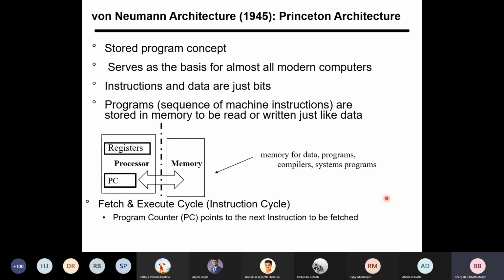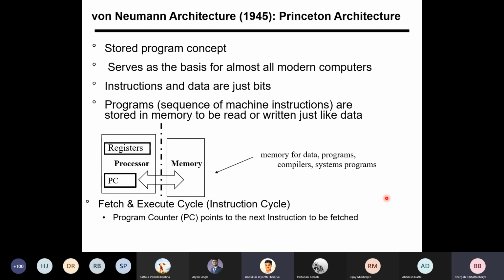And that simplifies the execution of the next instruction. Because I know that once this instruction is finished, the next instruction stays in the consecutive location in memory, which is 4 bytes apart from the first one. So therefore, PC must be incremented by 4 bytes, and it would point to the next instruction. And the sequence is repeated. Are you with me?